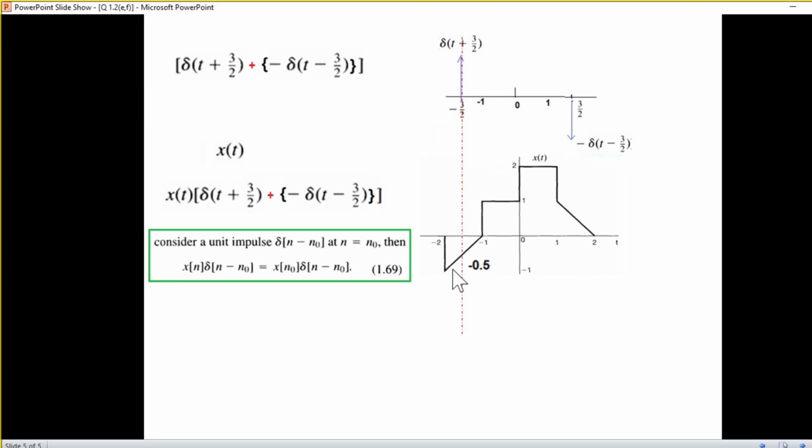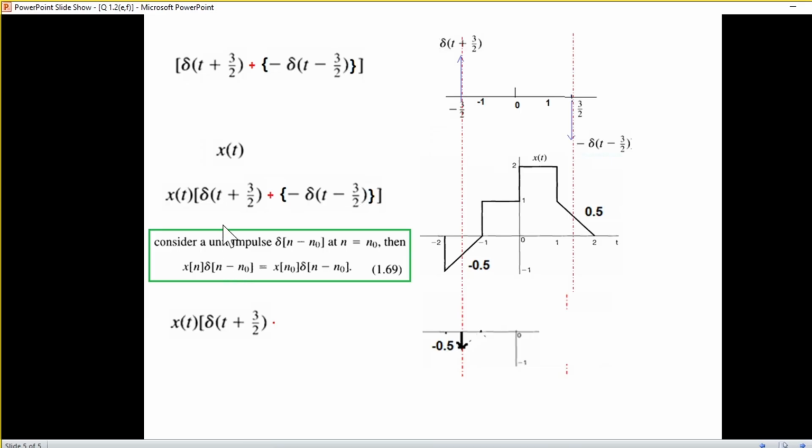Now we can multiply the two. But let's see the other part also. Here, this point is at this level, maximum 1 and minimum 0. The gap is 1, so this point will be plus 0.5. So we have found the two values of x at delta 0.